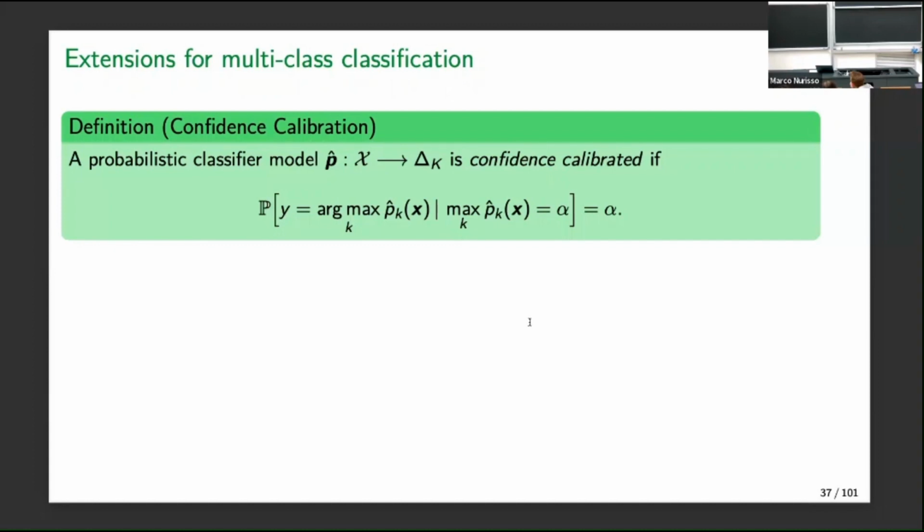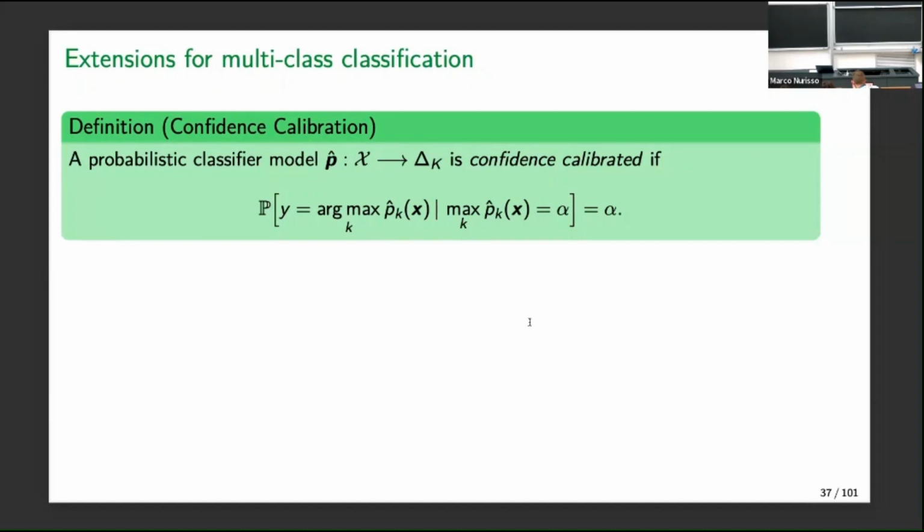So remember, for multi-class problems, we now have this probability vector P that we predict for every instance, which is a vector in the probability simplex. And we're now going to condition on the fact that if the maximum of these probabilities over the classes, so the class for which you predict the highest probability, if that value is alpha, then you should also observe instances of this class alpha times.